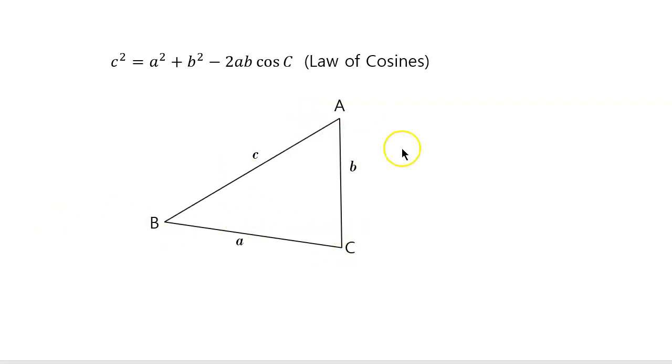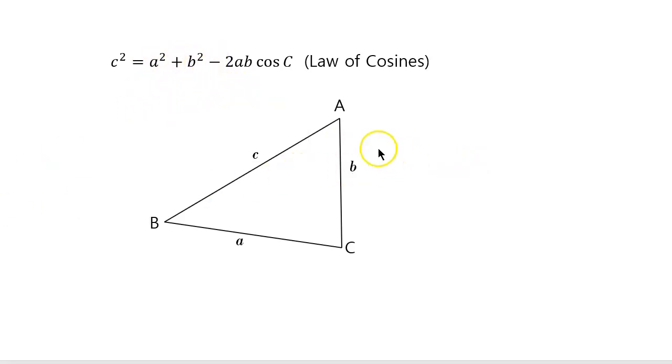As you increase it, the length c increases, right? So that's why you need this minus, so that when minus cosine C is computed, it will be an increasing function.